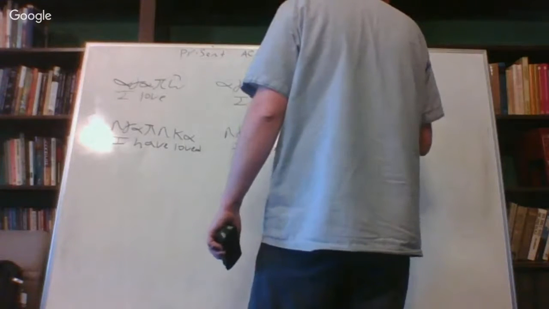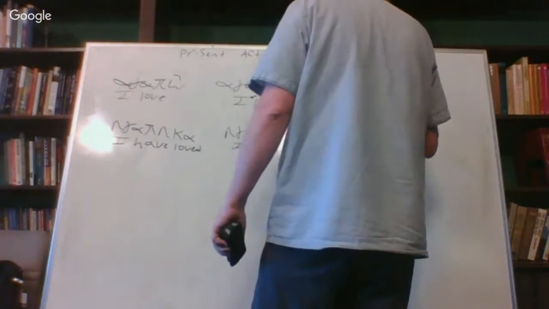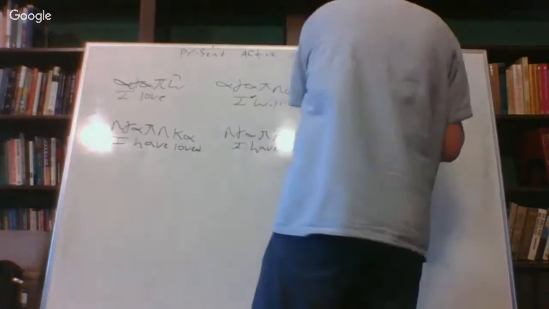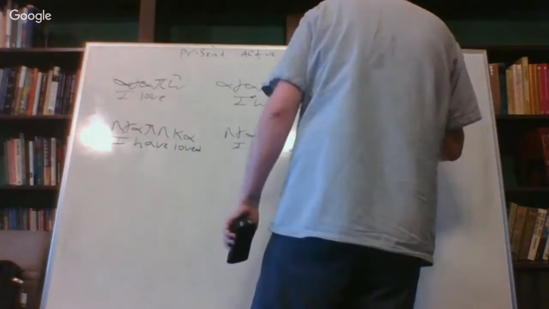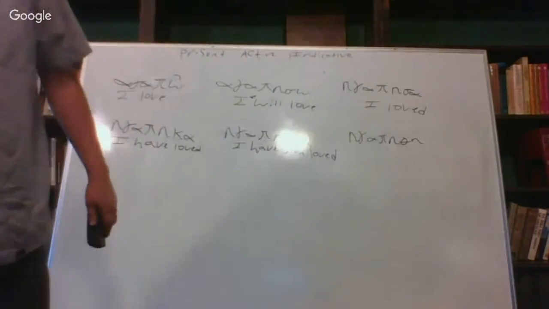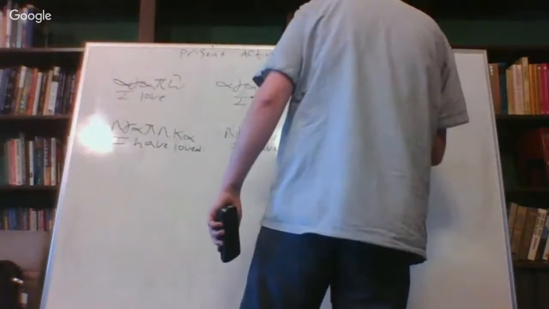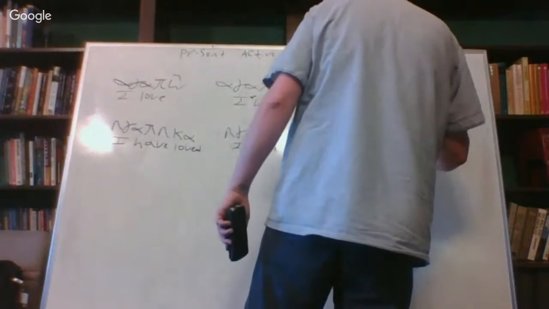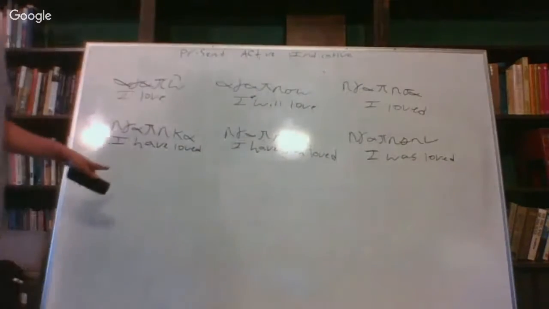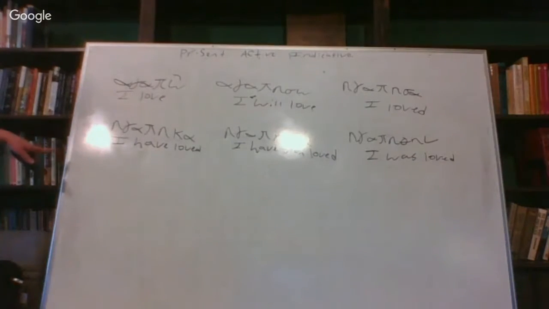And then we have the agapethane, which is "I was loved." And so you can see just how the word changes through the principal parts.